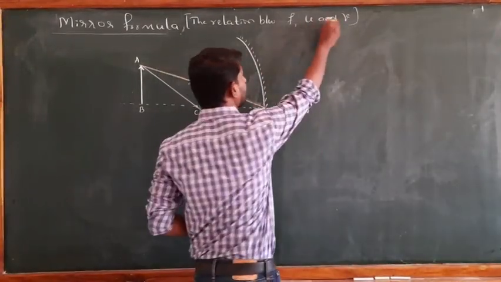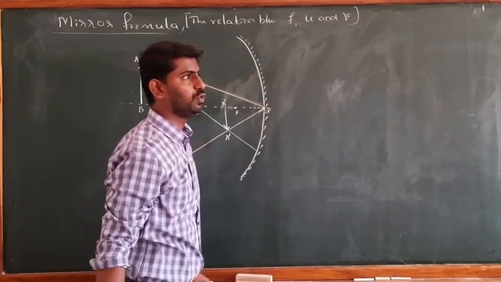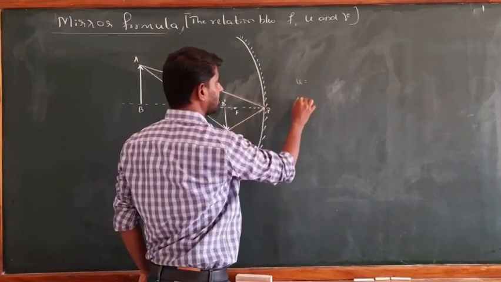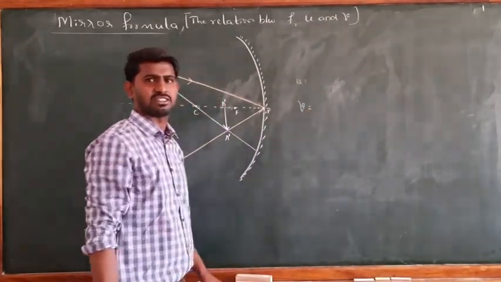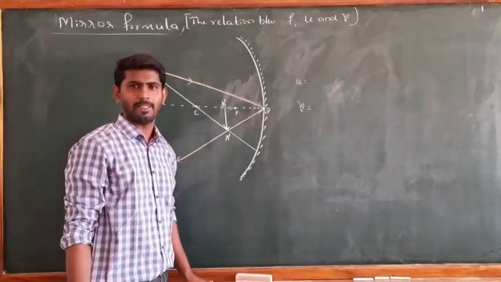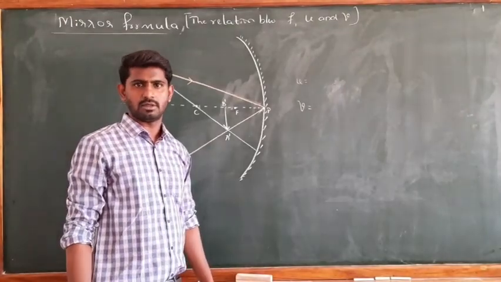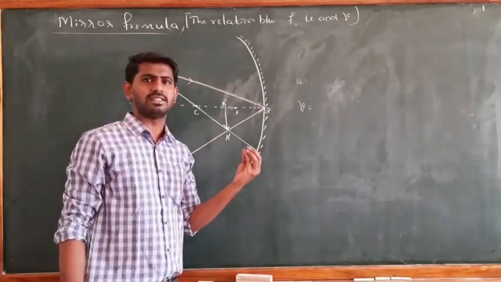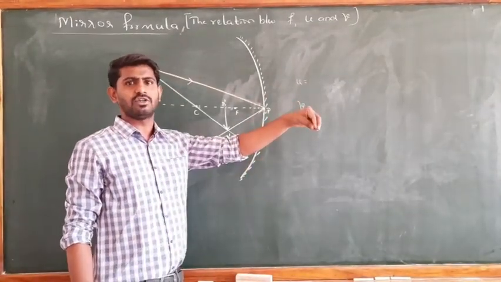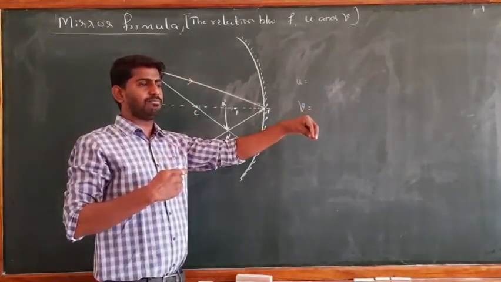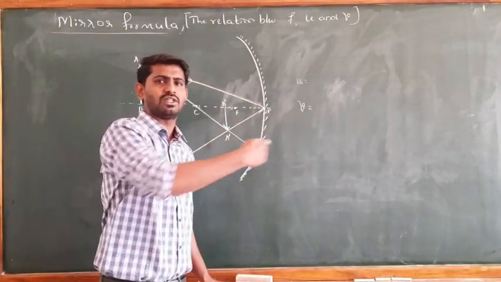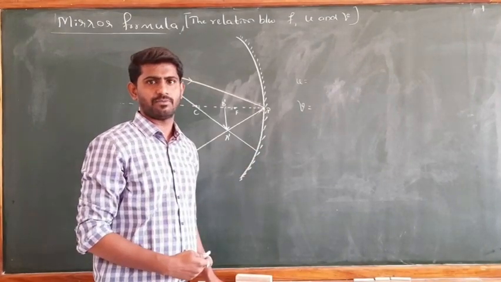Now these are the two new symbols, U and V. U is object distance and V is image distance. What is the object distance? Very simple. The distance of the object from the pole of the mirror. The object whose image you want to see, you hold it at some distance. How far that object is from the mirror pole is the object distance.